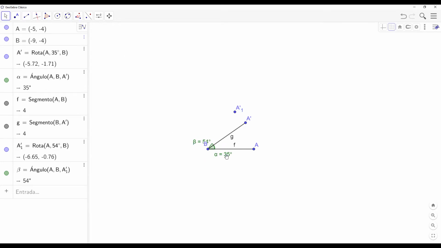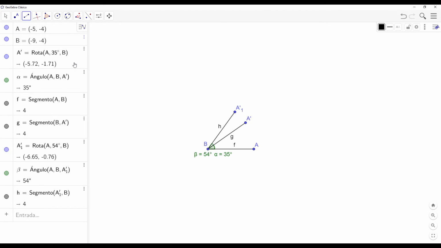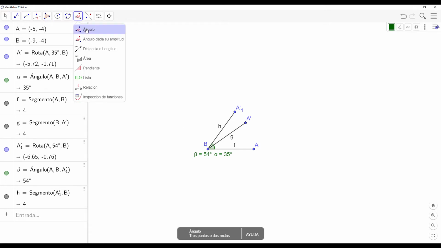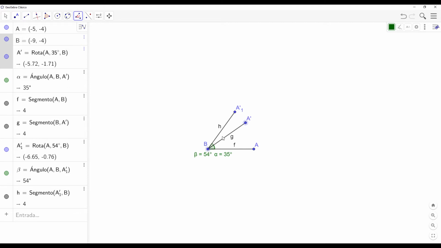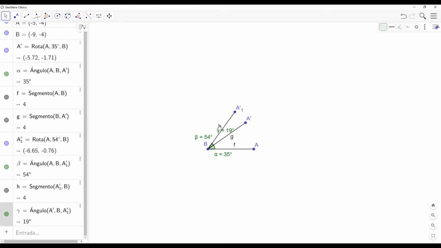Move the angle to see what the measurement is, and again draw the other side of the angle, and measure the other angle. This is how you can create the graph of that movement.